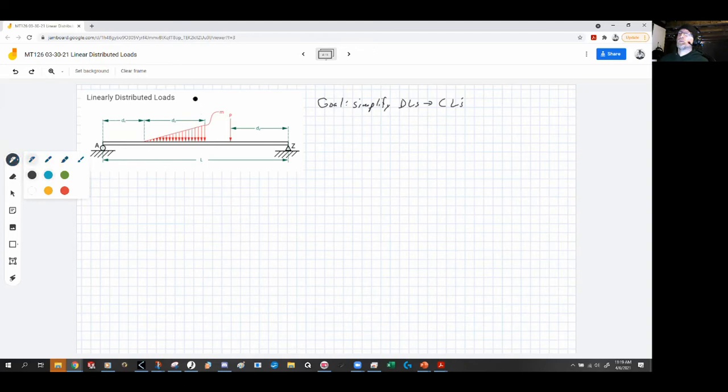So one thing we have to remember is that it's only applicable for finding the reactions. Okay, if you're going to be continuing on to shear force diagrams and bending moment diagrams, the answer is no. We can use the reactions that we get.